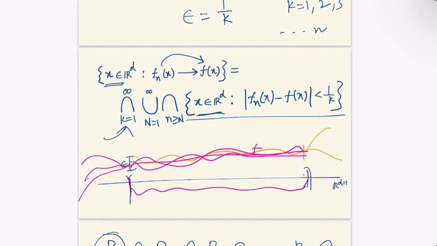It's a simple task, not a cumbersome one. So it is not about the sequence of functions converging to a function. It is about the domain we are interested in.